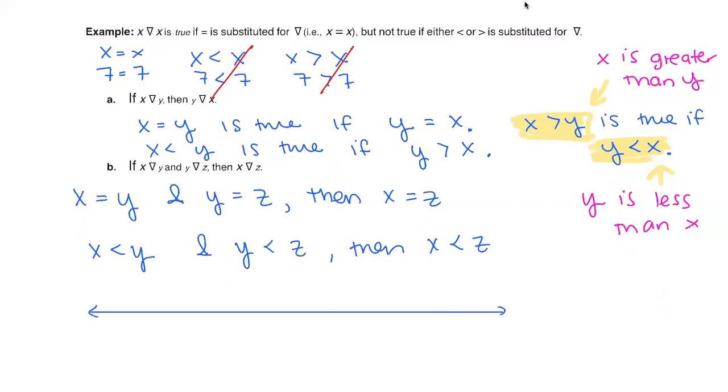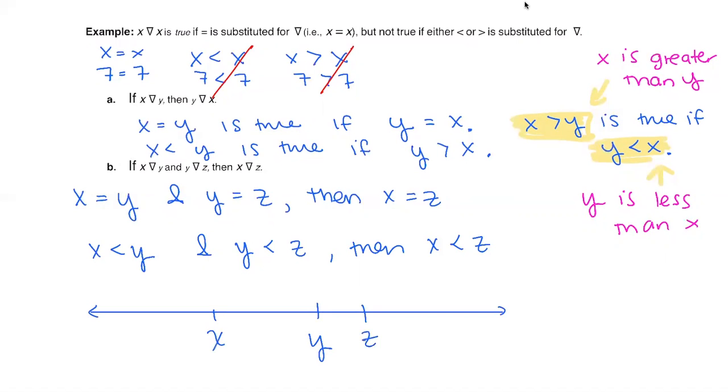All right, let's say that this is where y is. x less than y means that x has to live on the left side of y. Now, y is less than z. That means y lives on the left side of z. So we have to put z somewhere on the right of y.